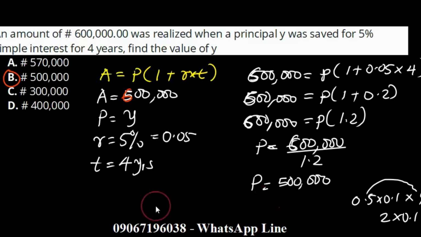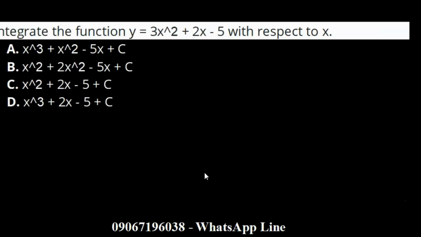Now, with this, we've come to the end of question 7. Let's move on to question 8. In question 8, we are asked to find y equal to the integral of 3x squared plus 2x minus 5.